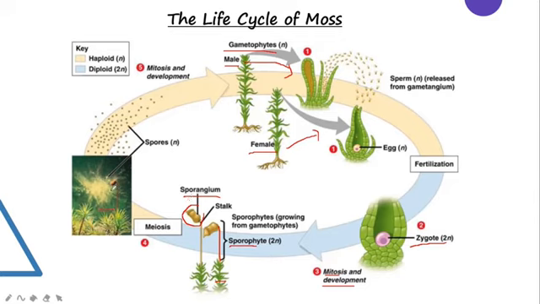The spores will disperse and germinate into a male or female protonema, which we also call the immature gametophyte. Then it will develop through mitosis and form the gametophyte, male or female. So the cycle will continue until a new gametophyte generation is produced.